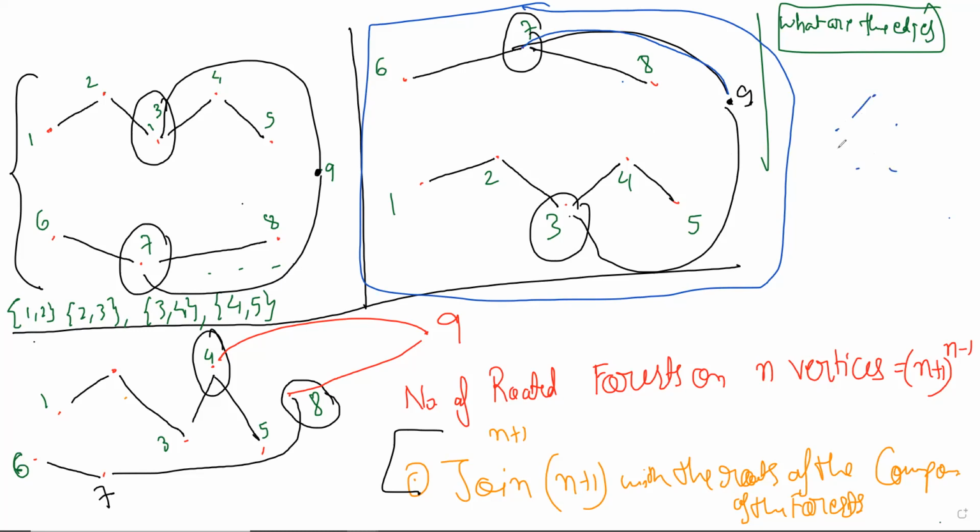No matter how you try to draw the next two, or maybe one you can draw, this you can draw, and maybe this also. But if you want to join this and this, there's no way you can draw it without overlapping with some other edge. So that is not a true drawing in the plane.